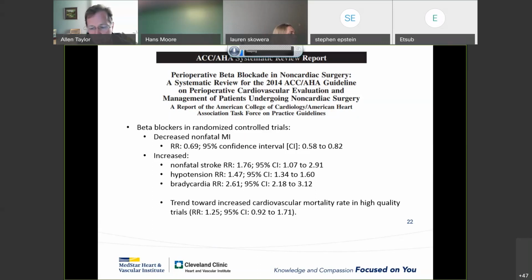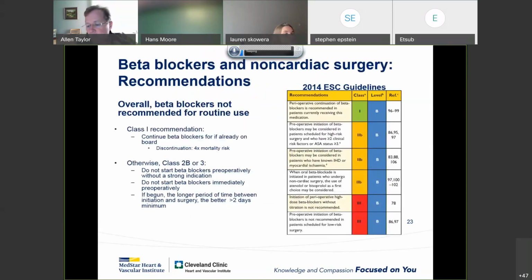leading to the following summary recommendations on the use of beta blockers, which is first, the only class 1 recommendation, and these are the ESC guidelines from 2014, is that if a patient's on a beta blocker, they should stay on a beta blocker. Discontinuation of beta blockers actually is associated with a 4-fold increased mortality risk because of the withdrawal of beta blockers at a time when there may be surges of adrenergic tone.